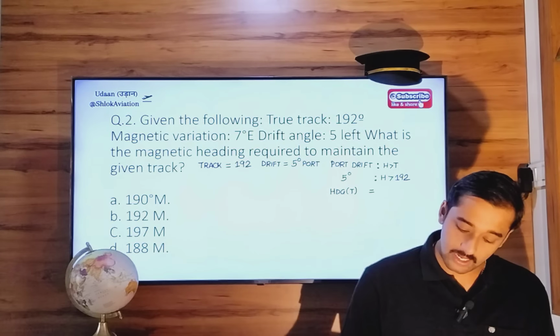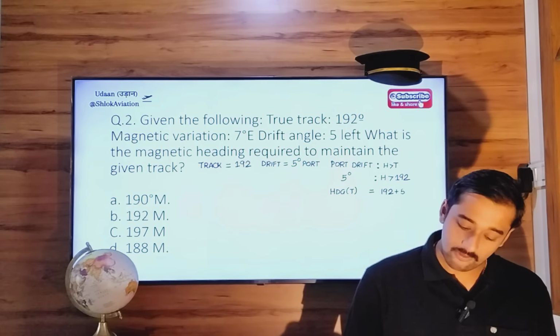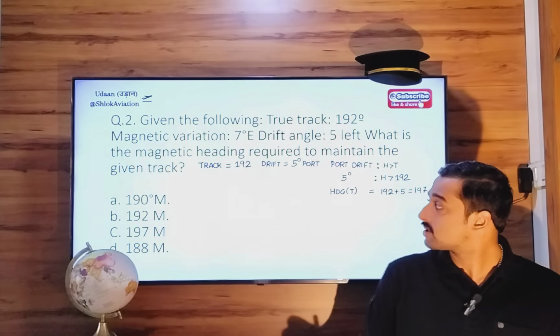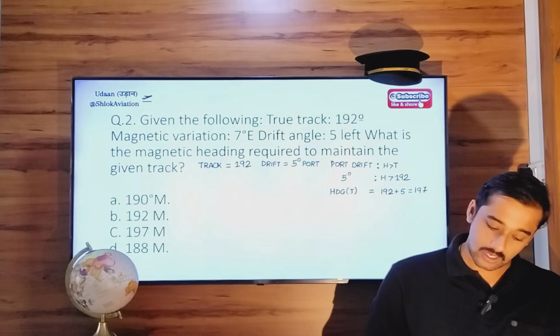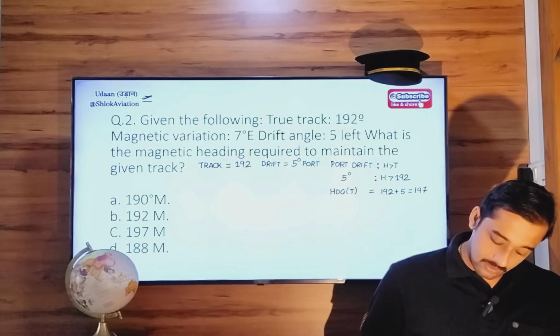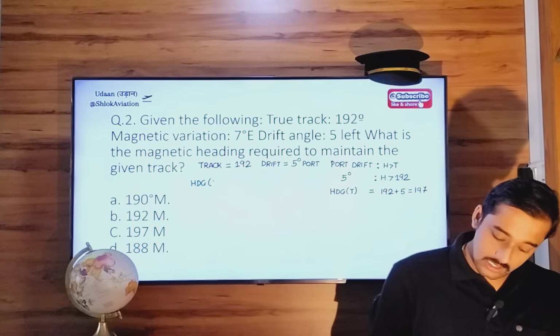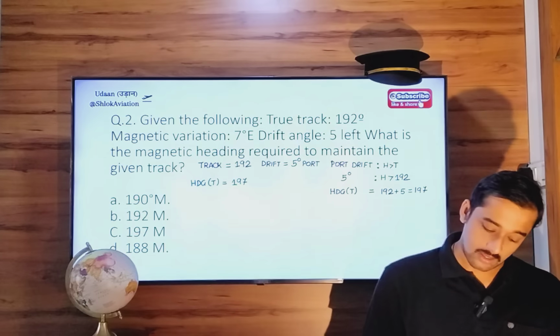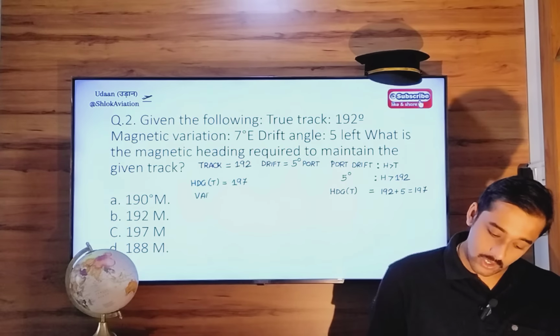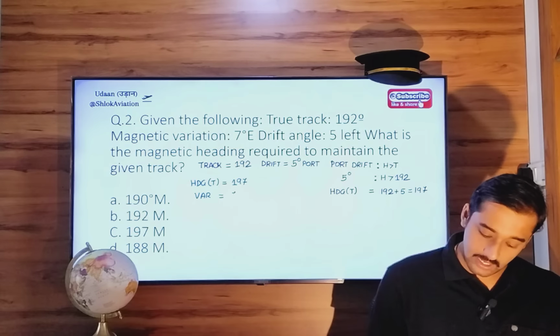So it will be 192 plus 5, 197. Okay. So that means your true heading is 197. Variation given to you is 7 degree east.